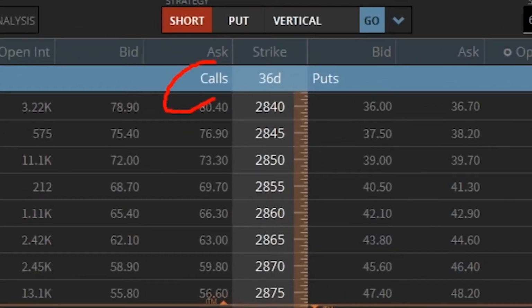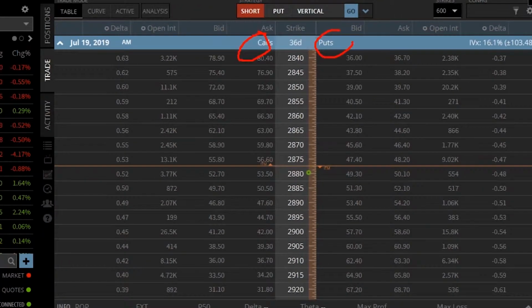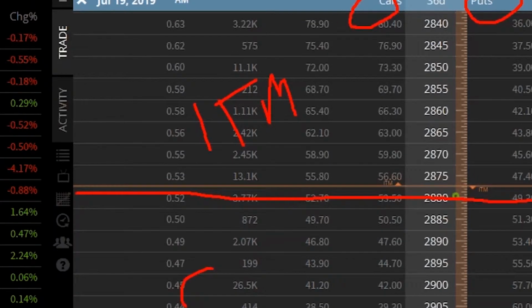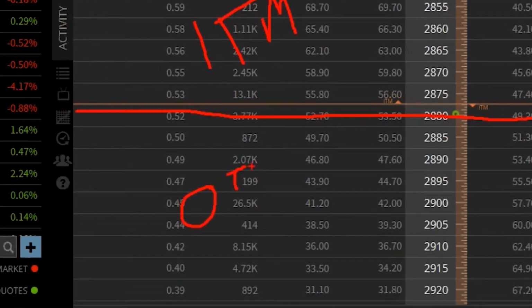Once again, you have calls to the left, and this is the at the money line as we discussed. On the call side, below the at the money line is considered in the money, the ITM, and above that line is considered out of the money, the OTM.